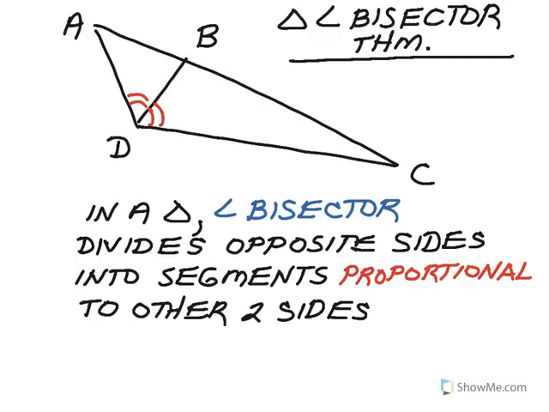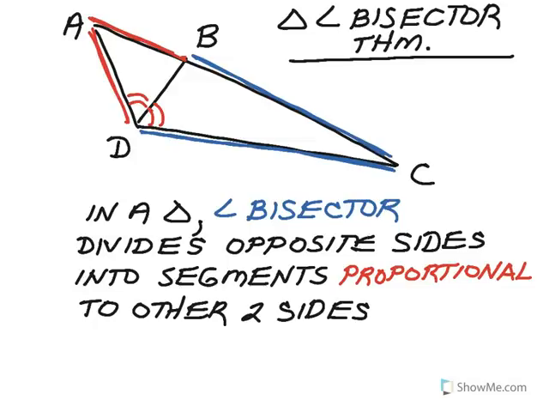If that's the case, then this bisector at point B will divide the other two sides proportionally to the sides that are adjacent to them. So AB will be in the same proportion relative to side AD as BC, this blue side, is relative to the length of DC.